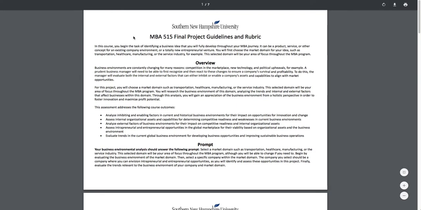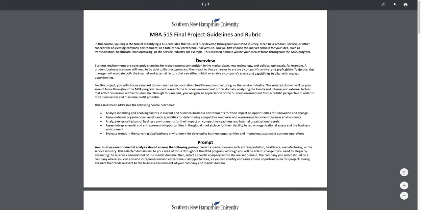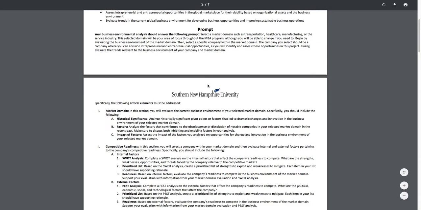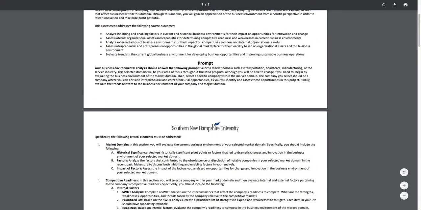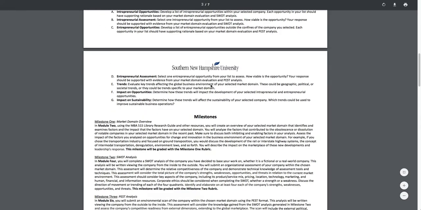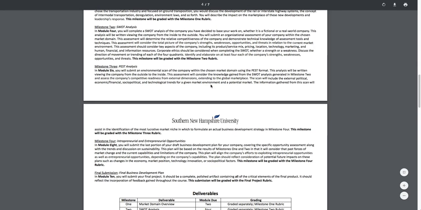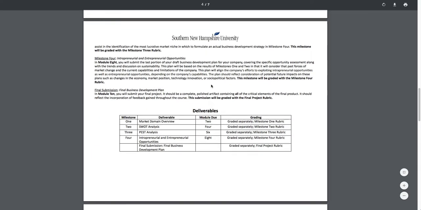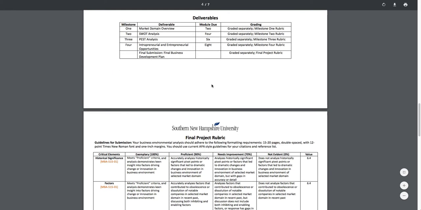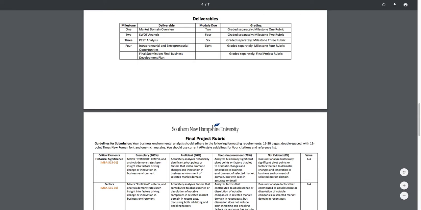Now, please, whatever you do, read through this rubric. Someone emailed me the other day asking about this particular project, and they said, how long should this project be? Should it be like 10 or 15 pages? And I asked them the simple question, have you read through the rubric? The guidelines right here say it should be 15 to 20 pages, double spaced.